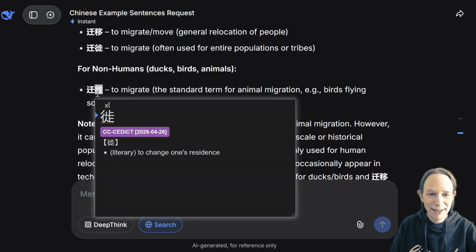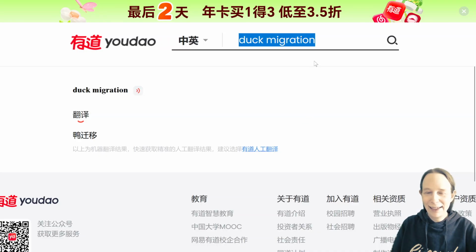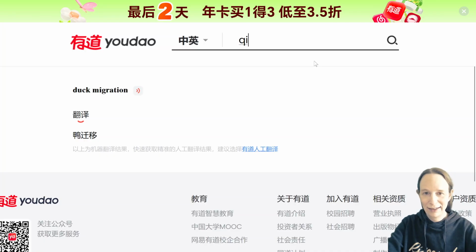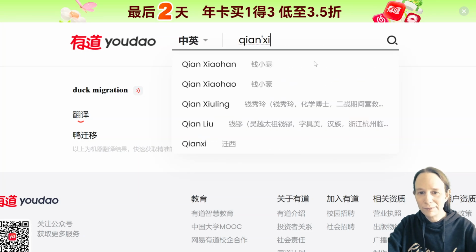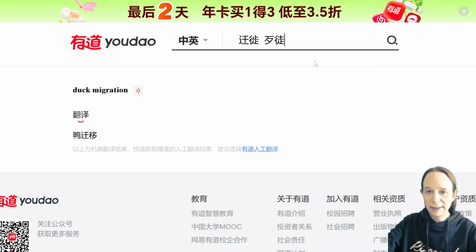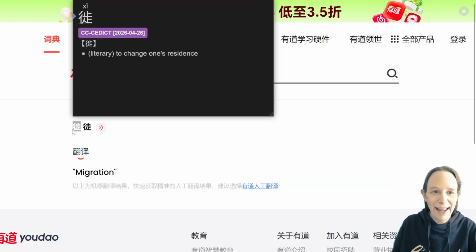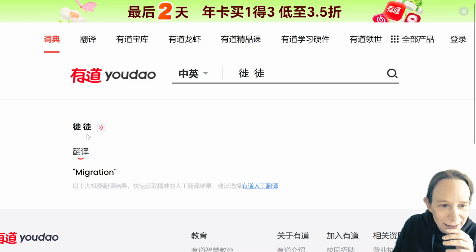Sorry, not 迁徙. There's another character that looks very similar, doesn't it? I believe they have some historical connection, these two characters. They look very, very similar.